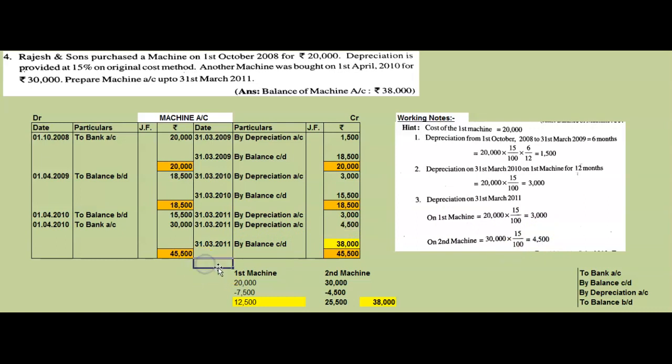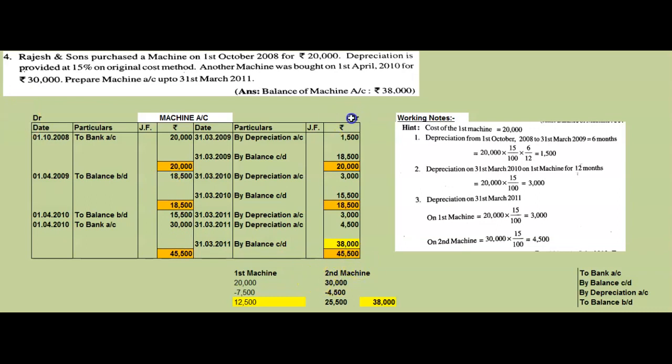Now the balancing procedure. You have to add these two: 15,500 plus 30,000. How much is that? 45,500. This 45,500 is the debit side total.